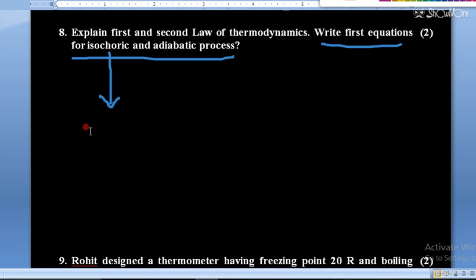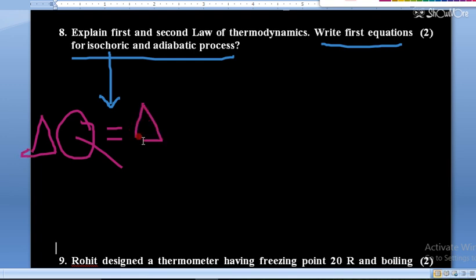So for the isochoric process, delta Q is equal to delta U, and work done you can write here 0 also, because if you write W, then it will be the first law. You have to leave it vacant, or write 0. If you write 0, then it will be more clear that you know about the process.